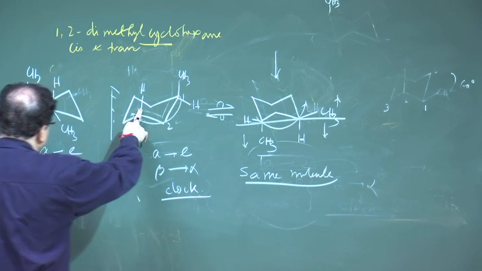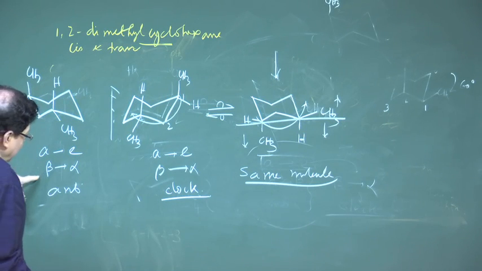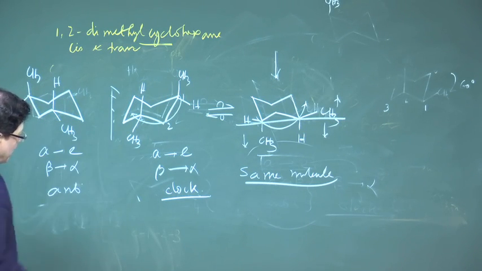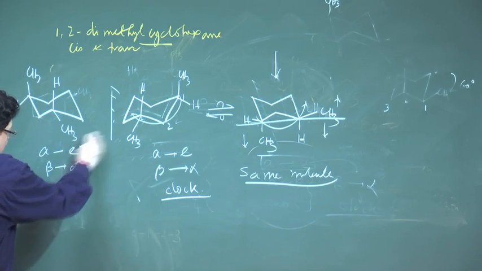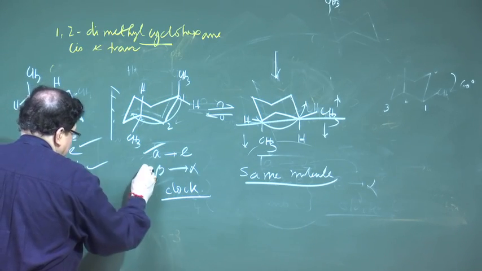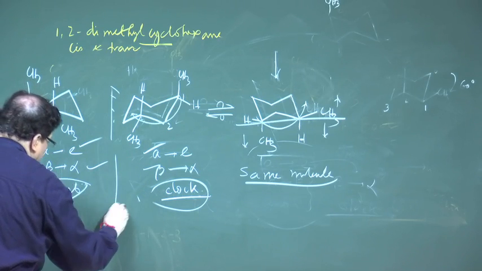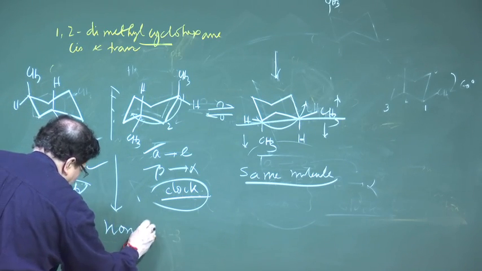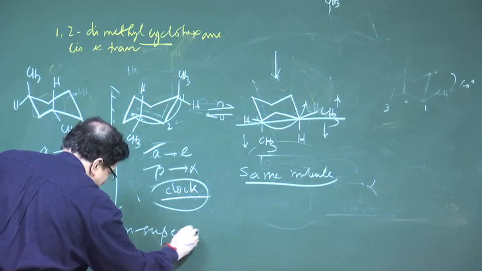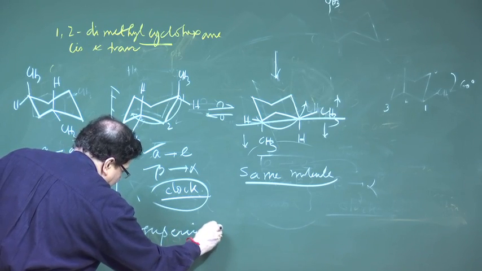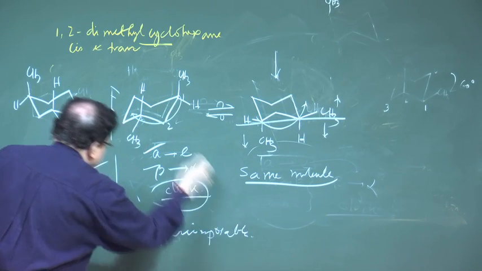The question is between these 2. If you now check the relationship between these 2, this is identical, only this is different from this. So, they are non-superimposable mirror images. So, what does it mean? That means these are optically active.